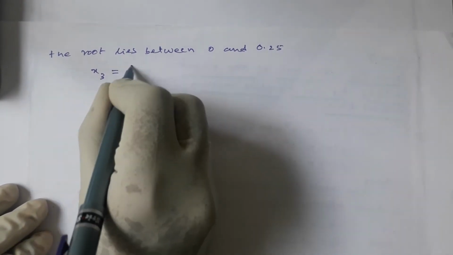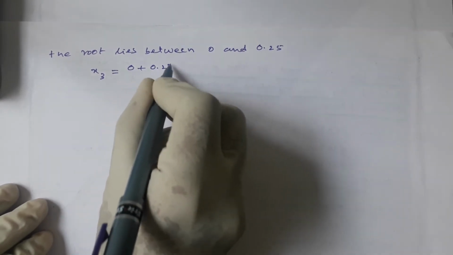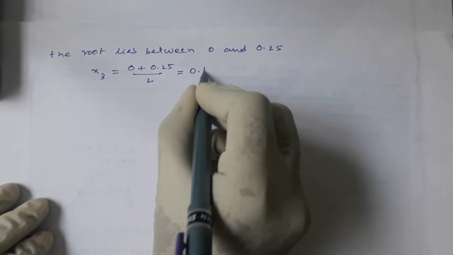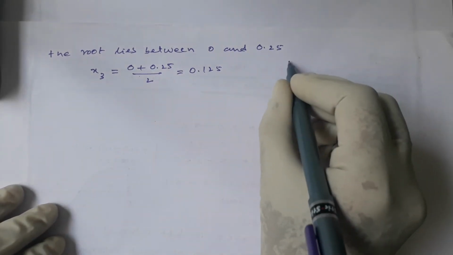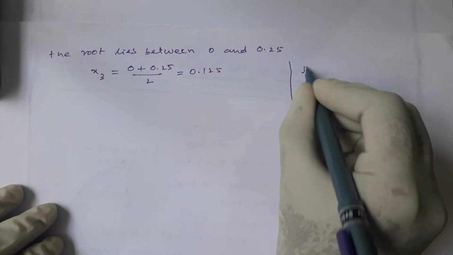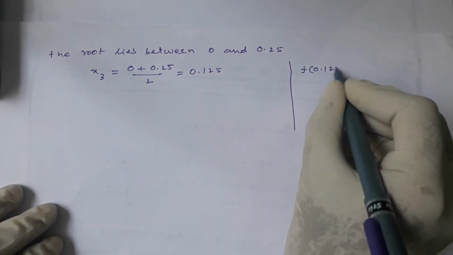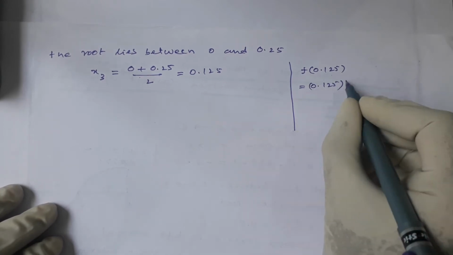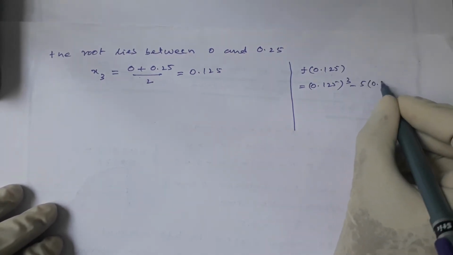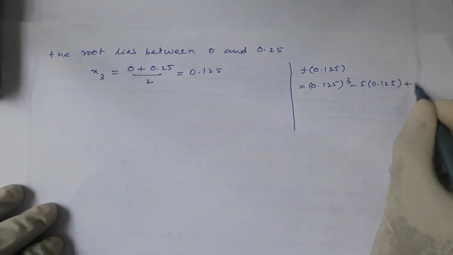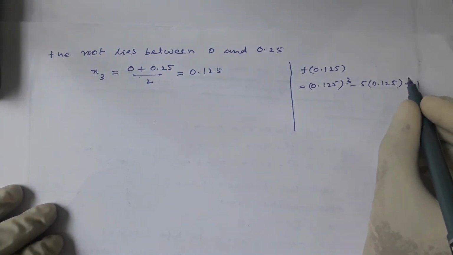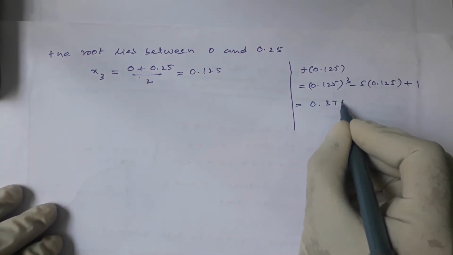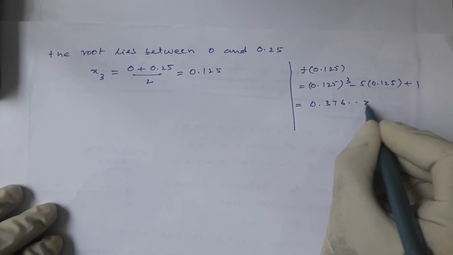So the third approximation root is x3 is equal to 0 plus 0.25 divided by 2, is equal to 0.125. Now its functional value is f of 0.125 is equal to 0.125 whole cube minus 5 into 0.125 plus 1, is equal to 0.376, which is greater than 0.